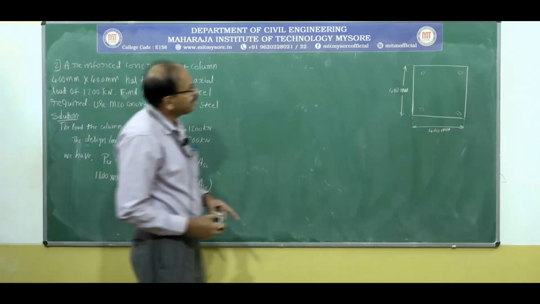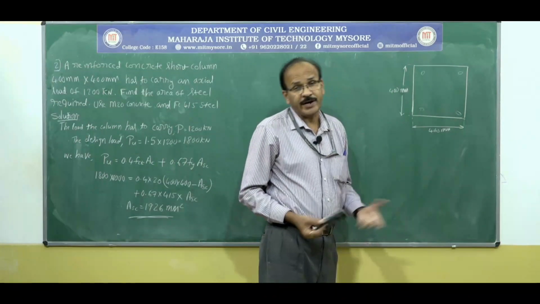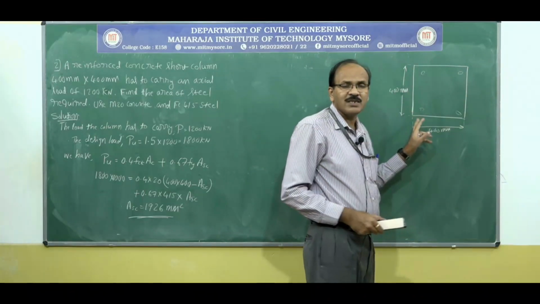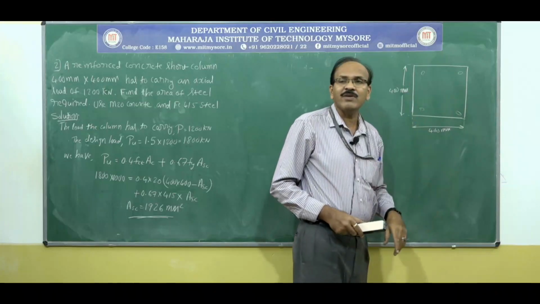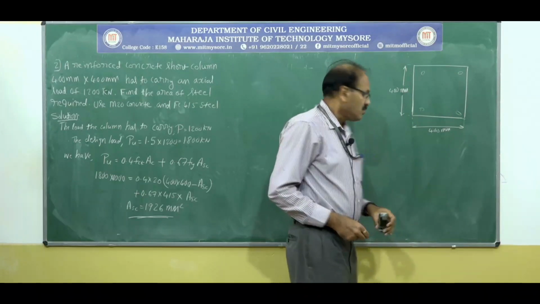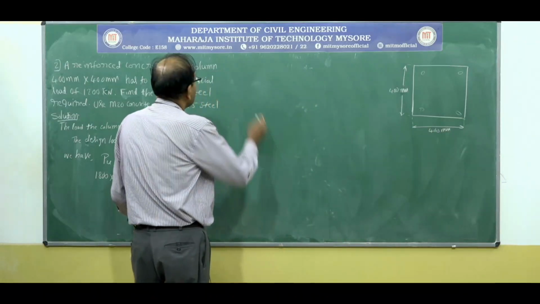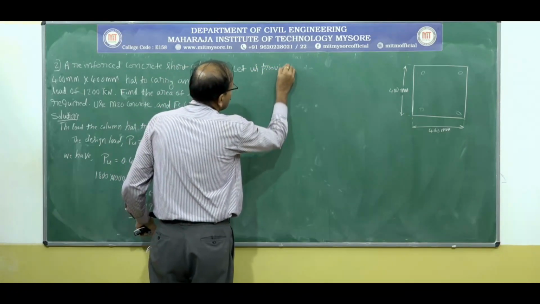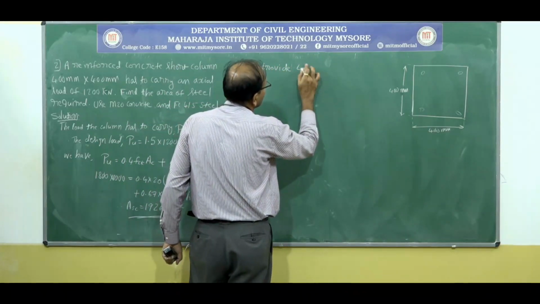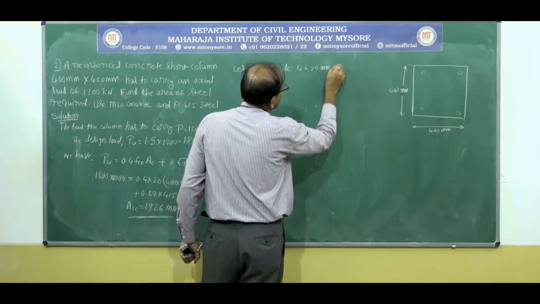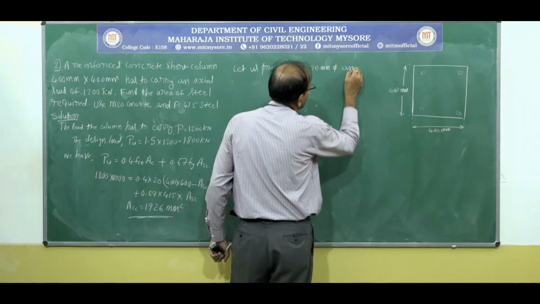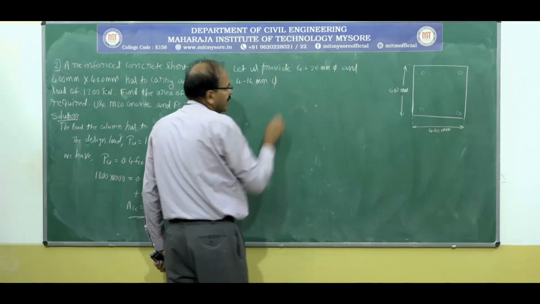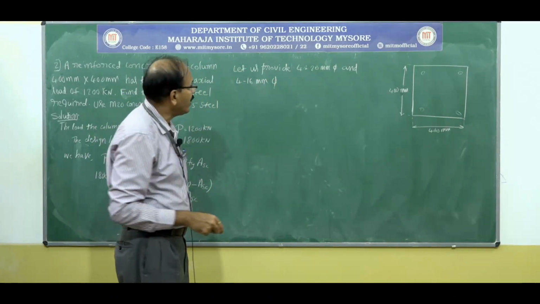So we can provide 4 bars or 8 bars. Okay, because it is a square section, it is better we provide reinforcement equally on all 4 sides. So what I do is, let us provide 4 of 20 mm dia and 4 of 16 mm diameter. Okay.